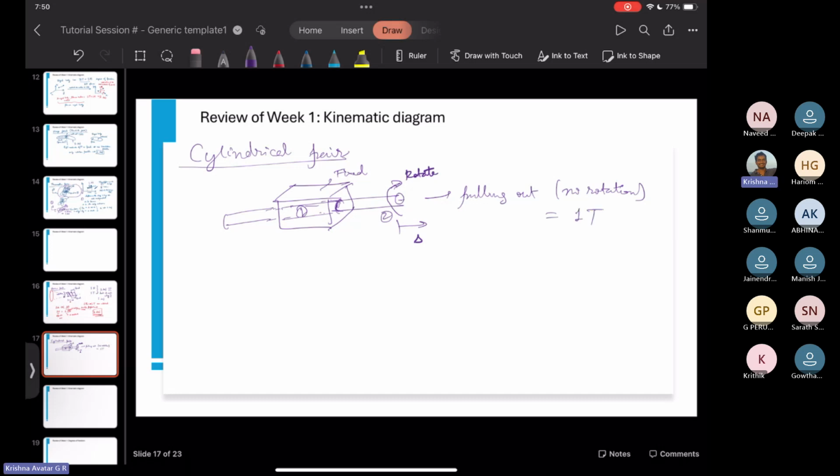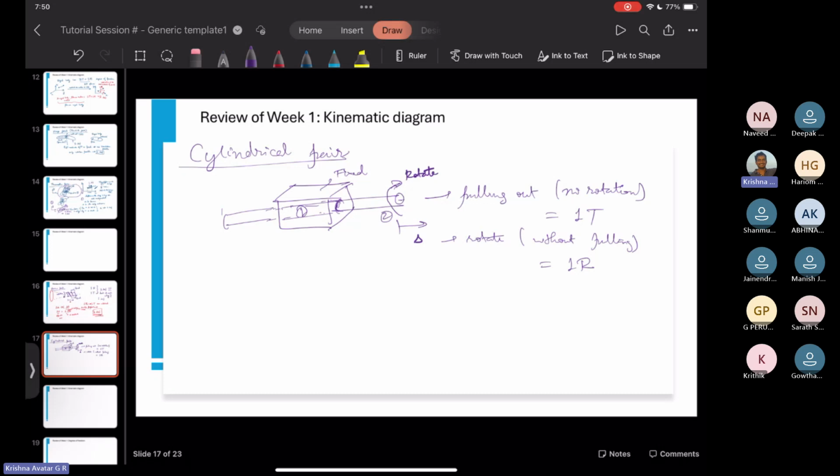And then if you rotate it at one place, without pulling, it will be one rotation. So you can rotate without pulling, and you can pull out without rotating.